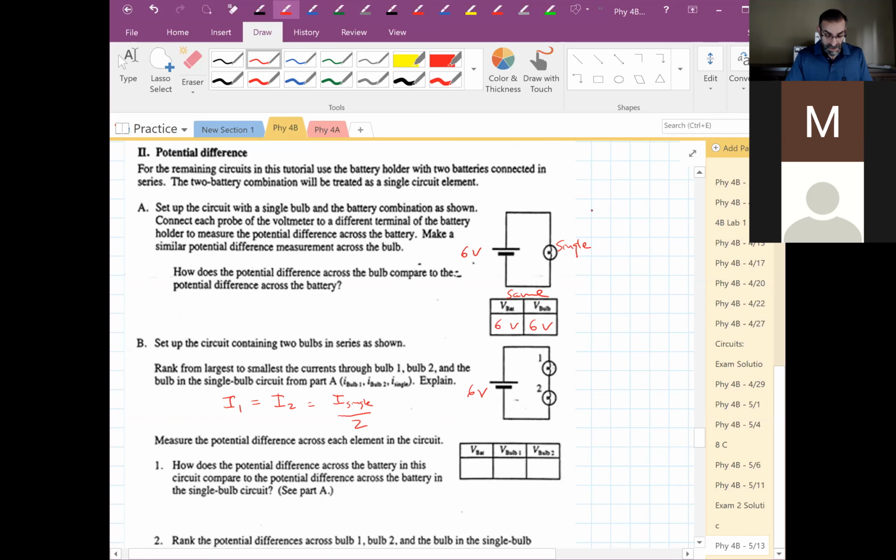And how do the voltages compare? V battery, V bulb 1, V bulb 2.